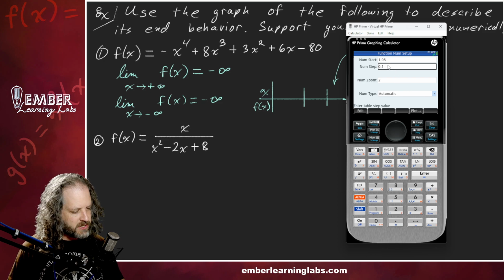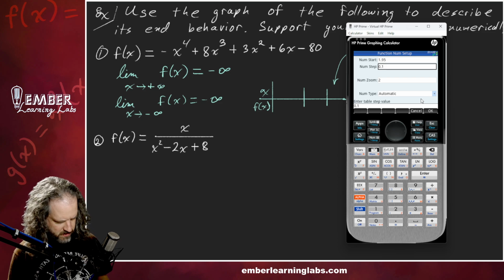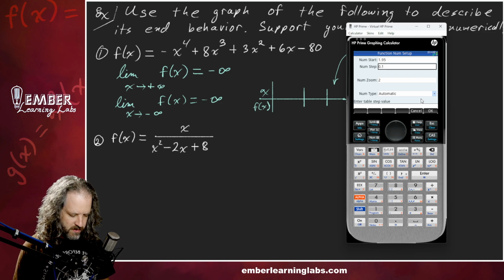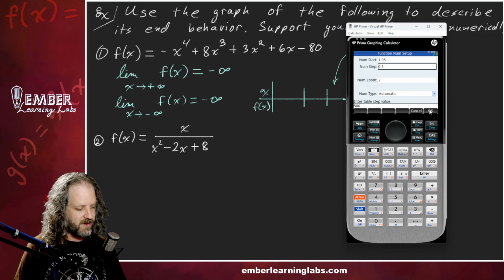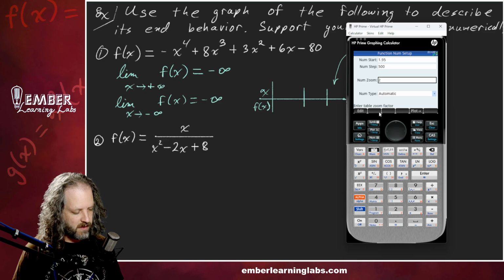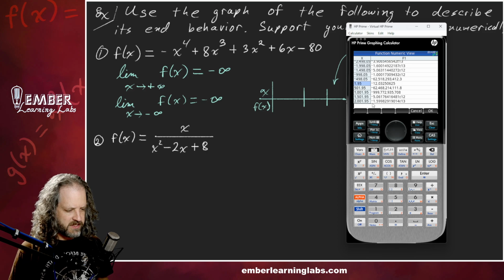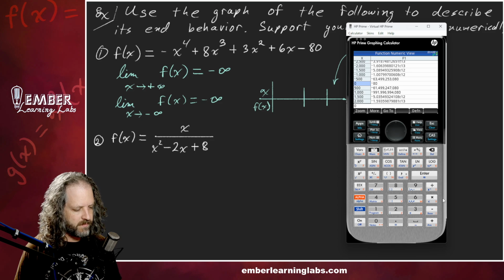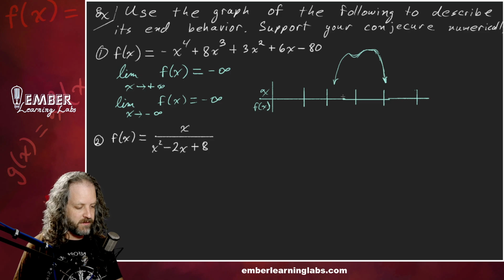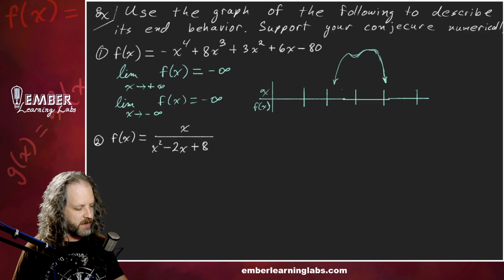So I want to change my step value to 500, right? And we go back to it. I'm going to center it at 0, so I get the middle. I'm going to put that 0 point in the middle of what we're doing.